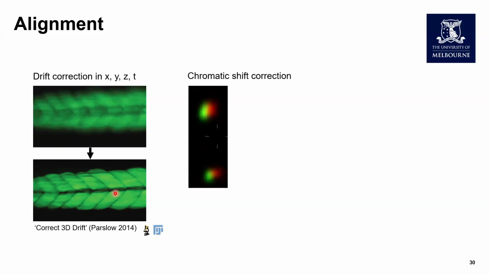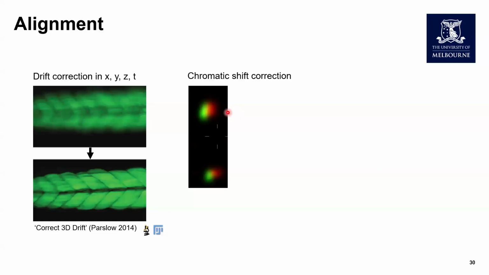This type of misalignments can also happen between different fluorescence channels. This is because of the chromatic aberrations. Chromatic aberrations essentially means that the different wavelengths of light are focused slightly on different planes or positions.